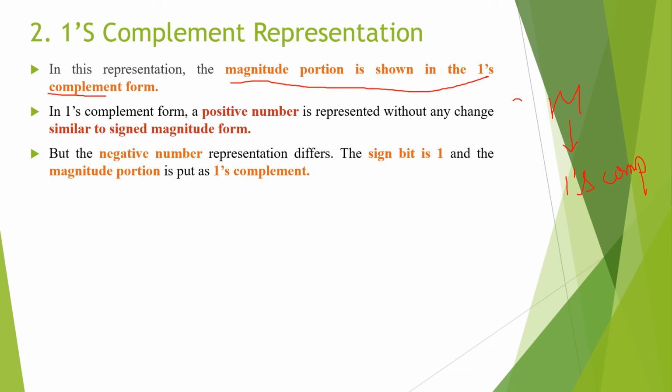If it is a positive value, you give 0. If it is negative, you give 1. So for the magnitude part, take the ones complement, then include your sign bit.